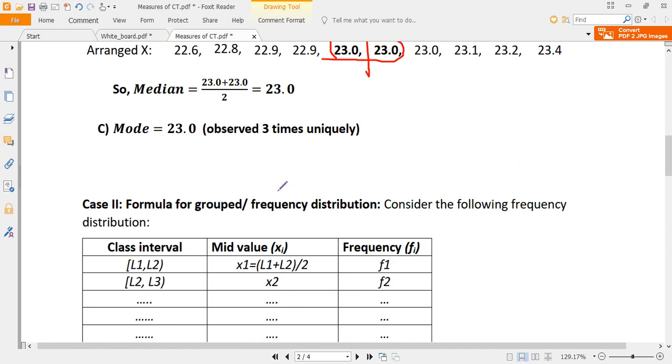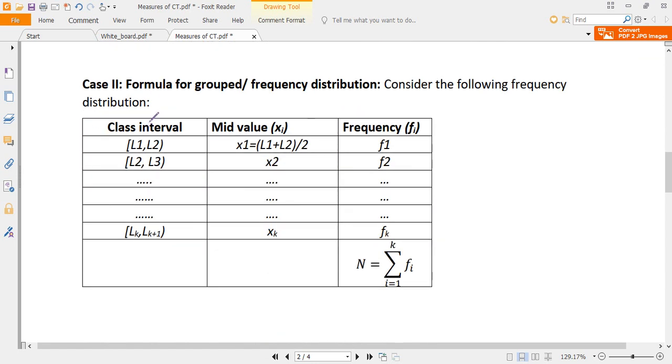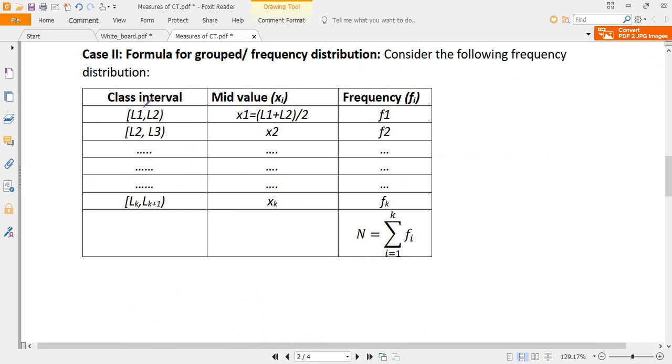Now we go to the second formula, for grouped and frequency distributions. We consider a frequency distribution where the first class interval is L1 to L2, where L1 is inclusive and L2 is exclusive.